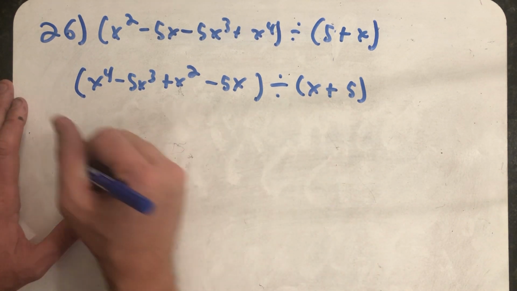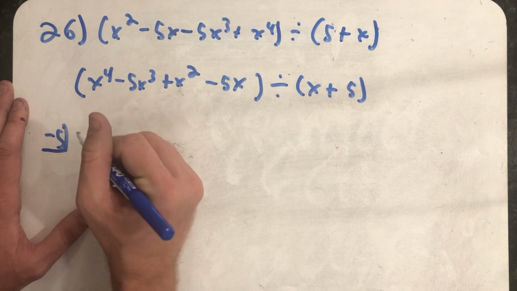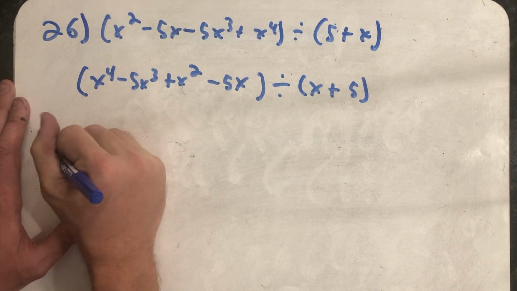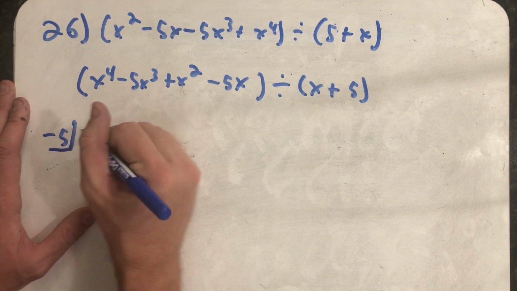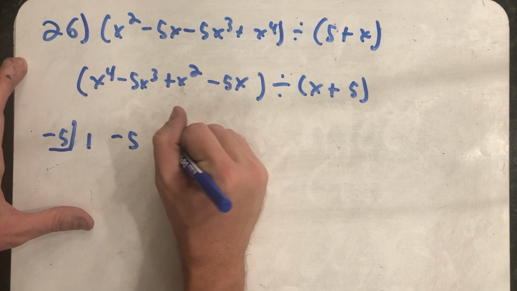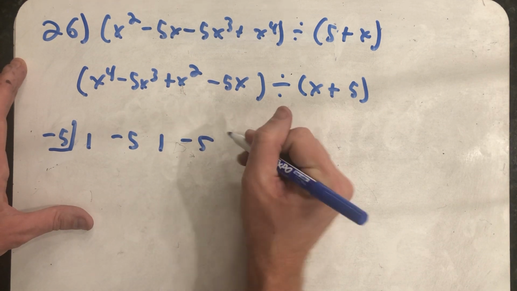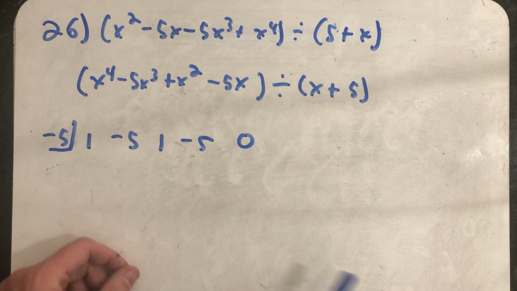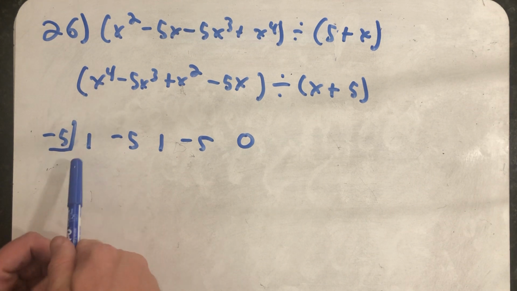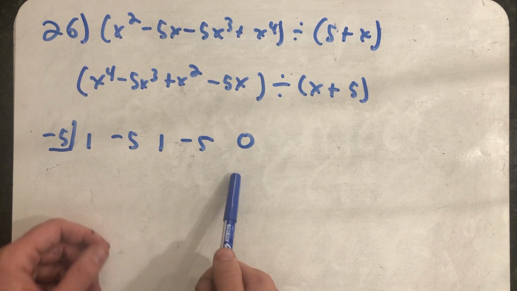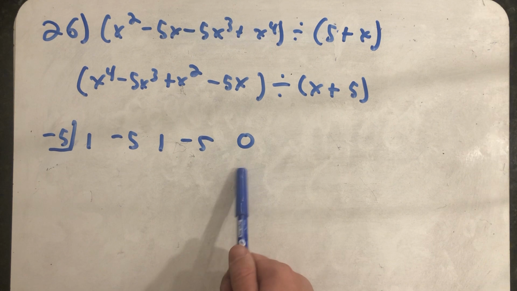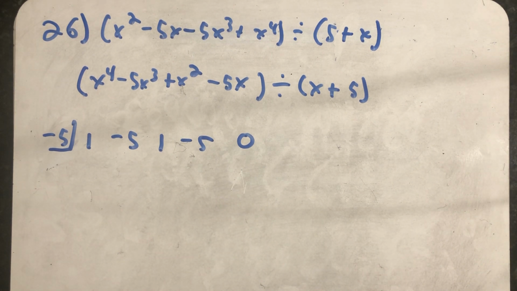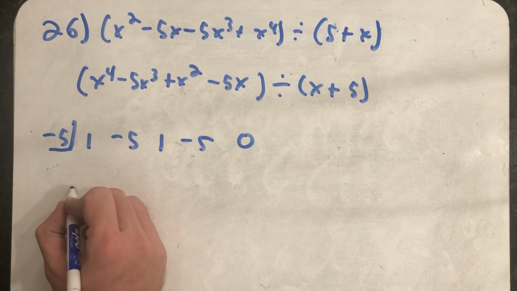plus 5. So minus 5 goes in the box, and then I have 1, minus 5, 1, minus 5, and 0, because I need a constant term. Start with degree 4, 4, 3, 2, 1, and the degree 0 part has to be 0. It's a very easy placeholder to forget when it's at the end.